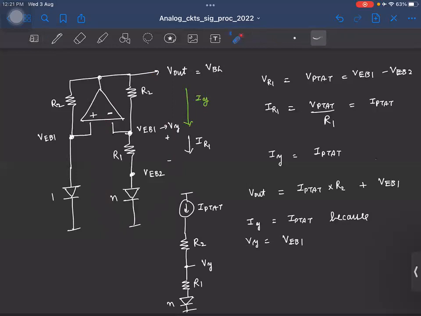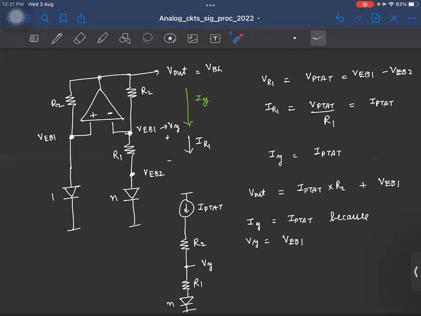So let me take a step back. We saw that this current IY is IPTAT because this voltage was forced by the op amp to be the diode drop VEB1, right? So what I'm saying is, I'll invert the problem.